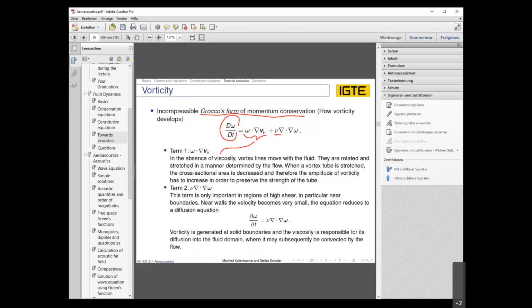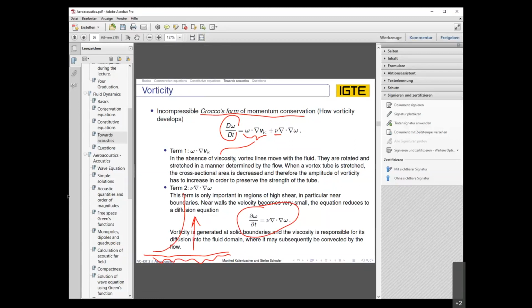So that is the first term, and the second term says how vortical structures are generated and diffused through the flow by the viscosity. This means if you have a wall with some flow, then you usually have a boundary layer there, and this equation says how the vorticity present in the boundary layer is diffused into the domain, so how vortical structures are translated through the boundary layer.